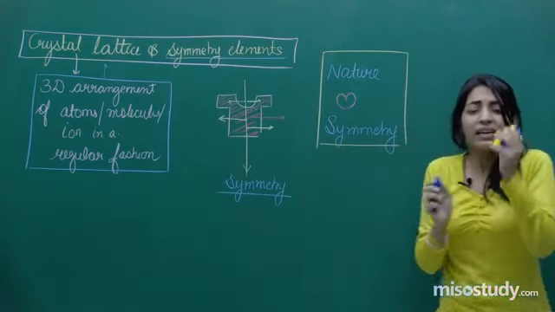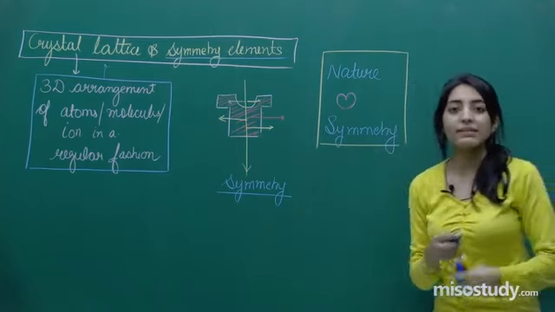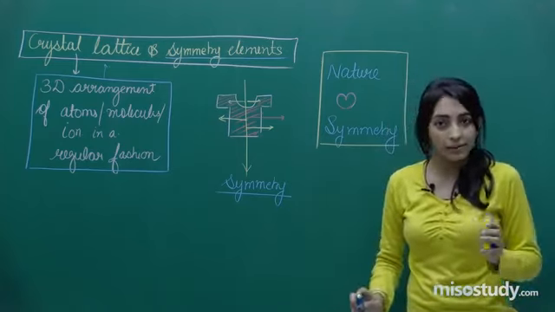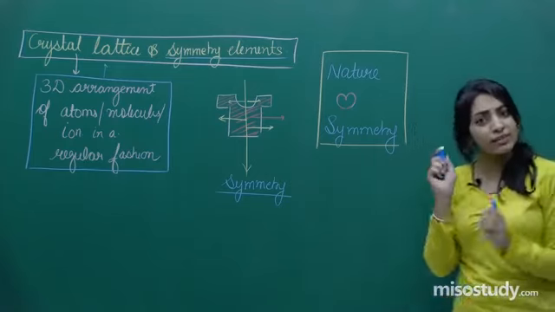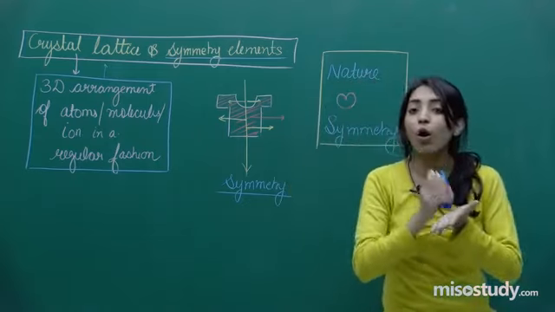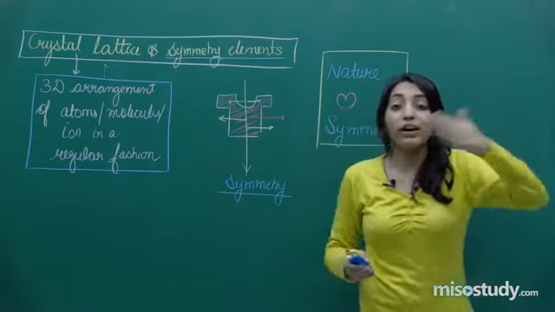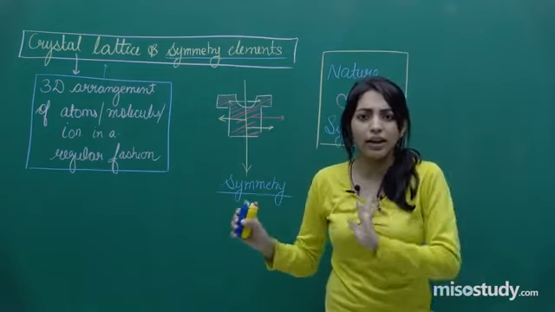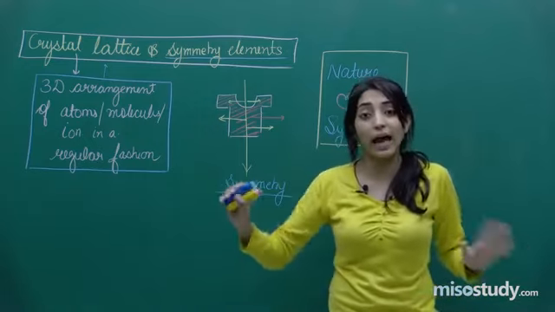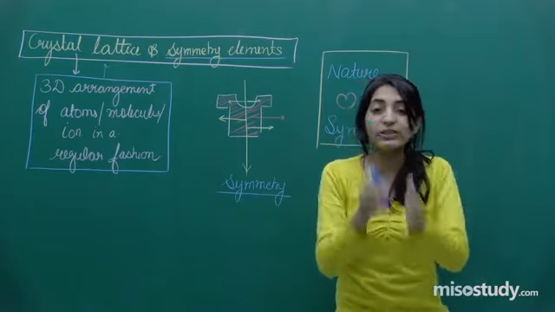And whenever there is even a slight deviation from symmetry, we say that it is unsymmetrical. You must have heard this common phrase also: you are always advised to be neutral. You are never advised to be in a very sad mood or a very happy mood, because nature has maintained this balance of symmetry.